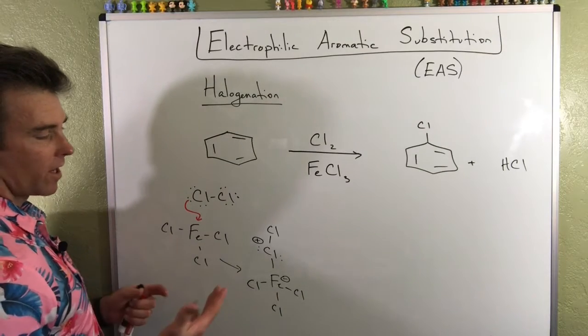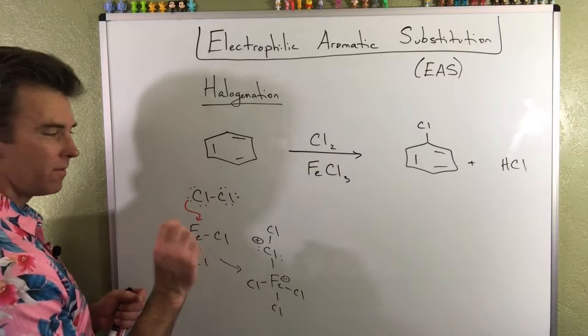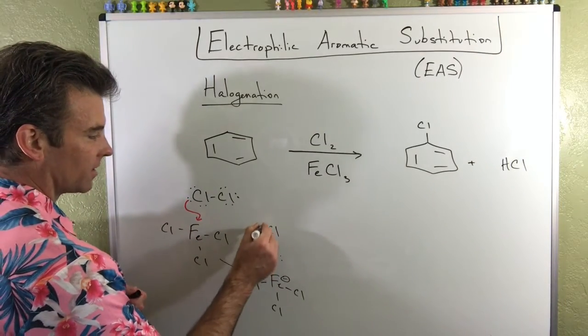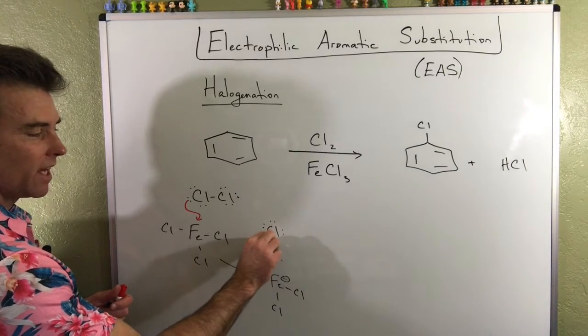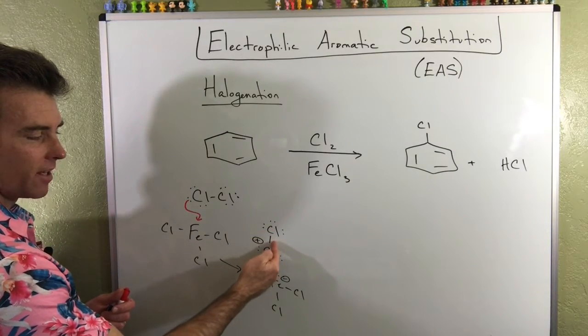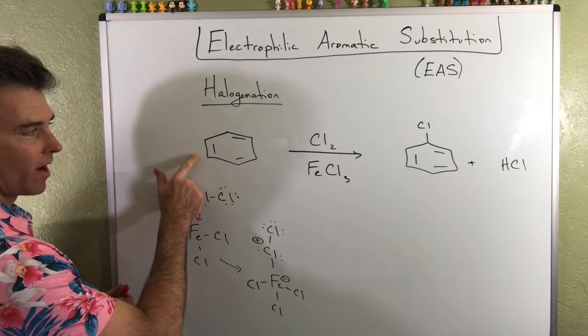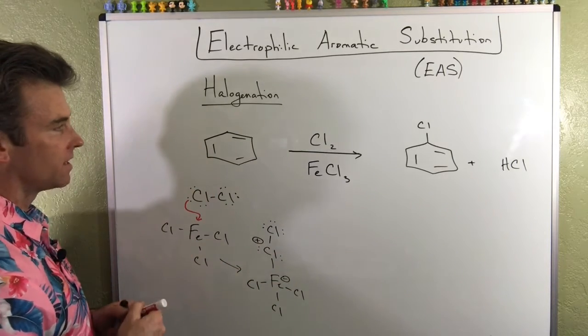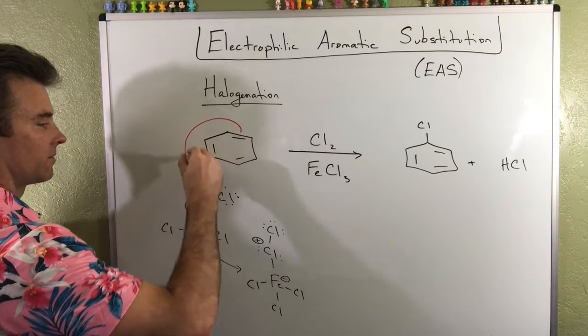Now that we've sweetened the pot, let's put in those other electron pairs. Really what we've done is weakened this chlorine-chlorine bond enough that just a hint of this reactive species being around is going to cause one of these double bonds to swing out. So let's just do it this way.